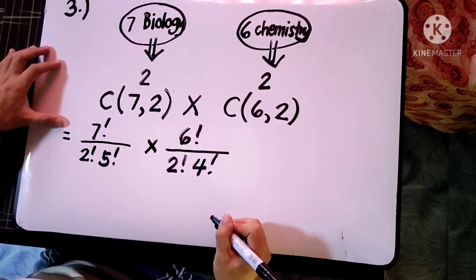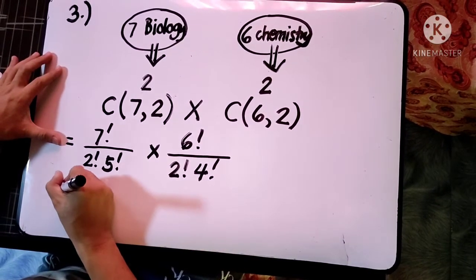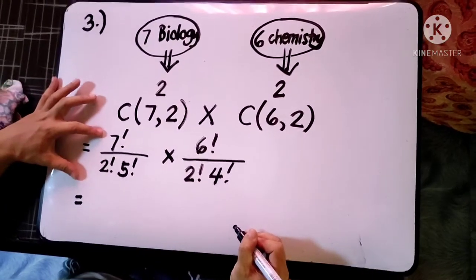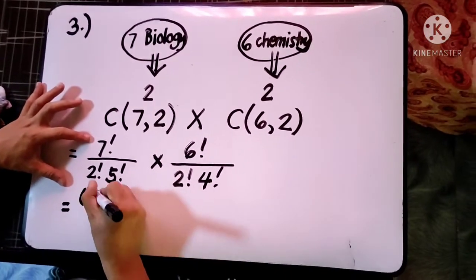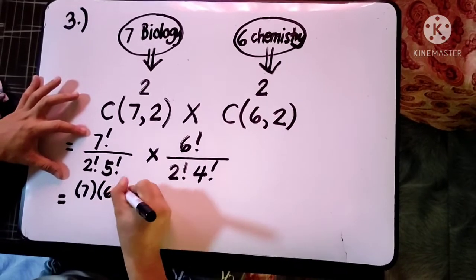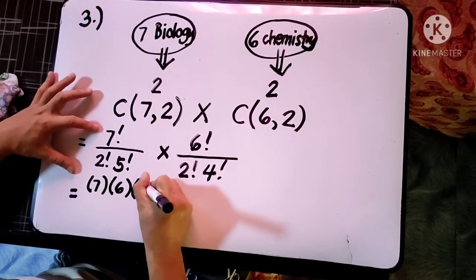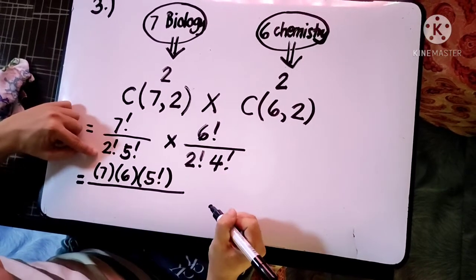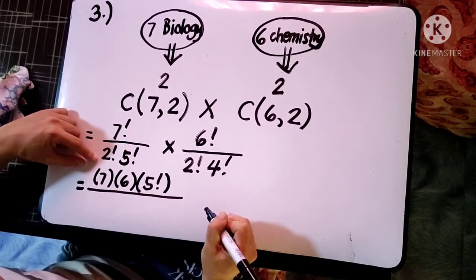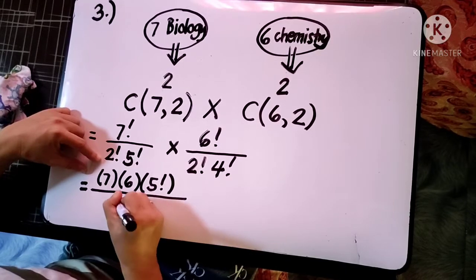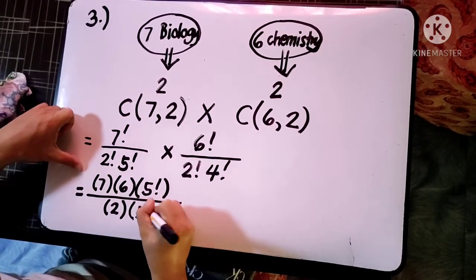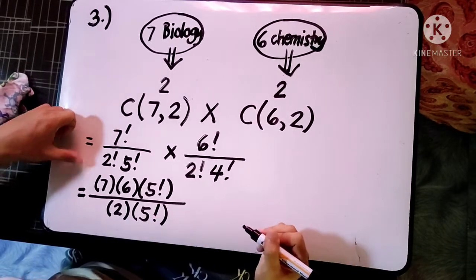And to simplify it further, you're going to extend the factorials. And this becomes 7 times 6 times 5 factorial over 2 factorial, which is 2 times 1, and that is equal to 2. Then copy 5 factorial.